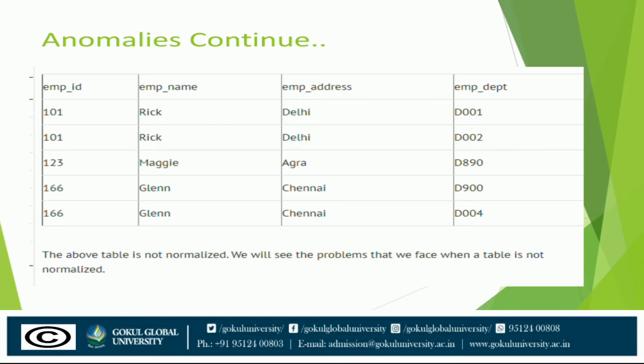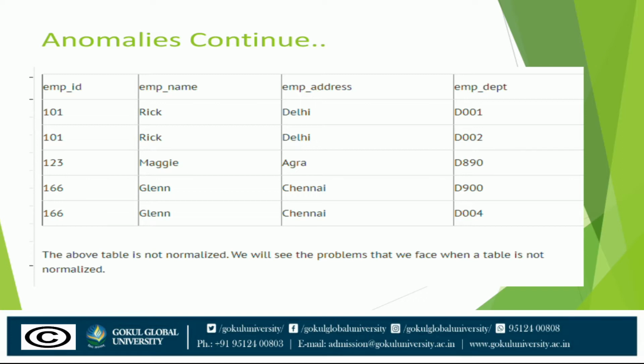The data will become inconsistent if somehow the correct address gets updated in one department but not the other. Then, as per the database, Rick would have two different addresses, which is not correct and would lead to inconsistent data. It is the update anomaly.